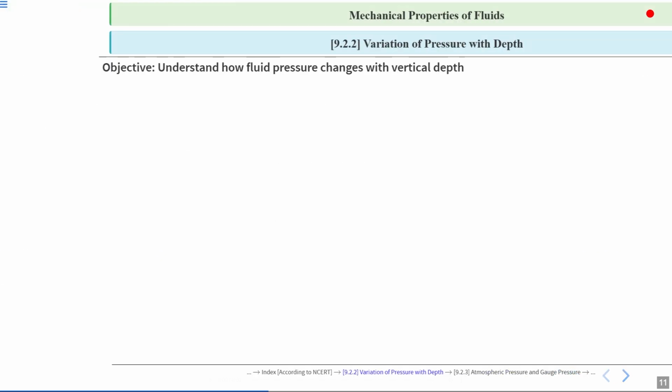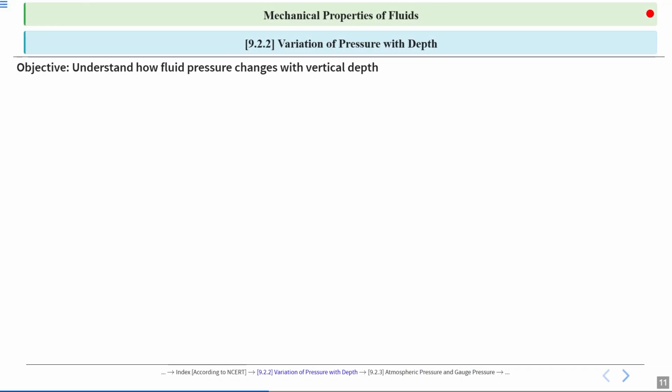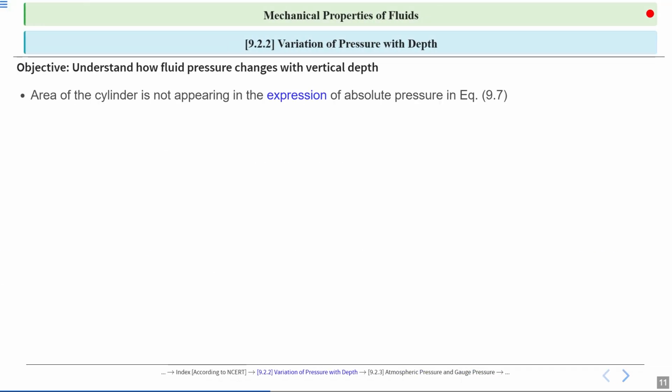Let's start by noting that the area of the cylinder does not appear in the expression for absolute pressure in equation 9.7. So we have equation 9.7, that is P equal to Pa plus rho g h.